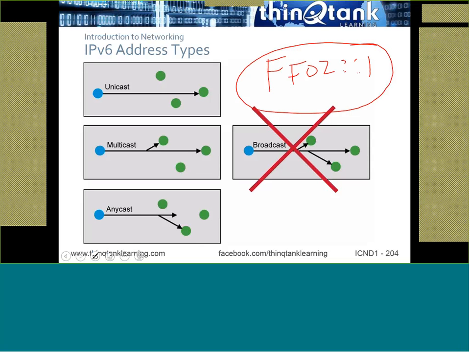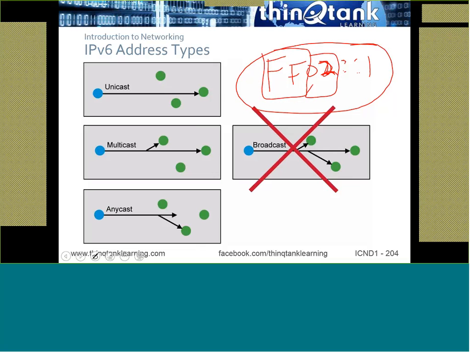But there is a limitation to that. FF02, it's hexadecimal. We don't have Z's in hexadecimal, right? Only up to F. I want to point that out so you think about it. FF means multicast. We'll talk about that in a little bit.